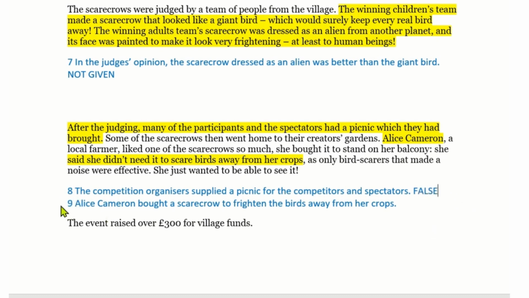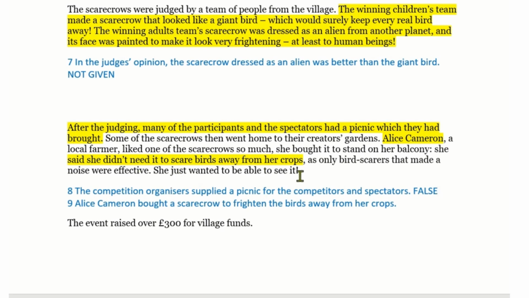And then the last one, number 9, it says Alice Cameron bought a scarecrow to frighten the birds away from her crops. And in the text it says Alice Cameron, a local farmer, liked one of the scarecrows so much she bought it to stand on her balcony. She said she didn't need it to scare birds away from her crops, as only bird scarers that made a noise were effective.